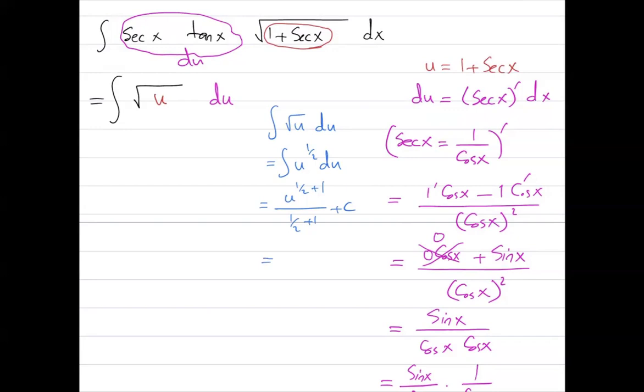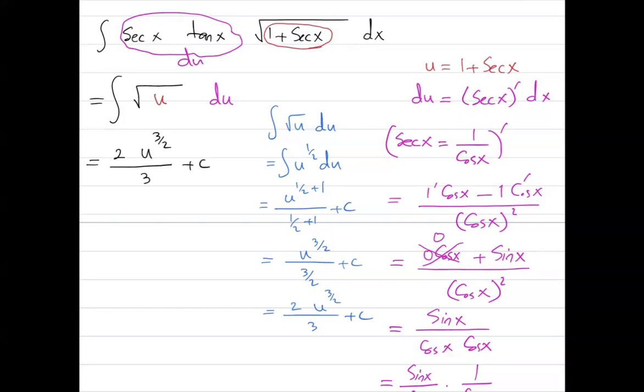In turn, it can be written as u to the power of 3 halves divided by 3 halves plus c, or 2 u to the power of 3 halves divided by 3 plus c. So you already have this integral. This can be written as 2 times u to the power of 3 halves divided by 3 plus the constant of integration.